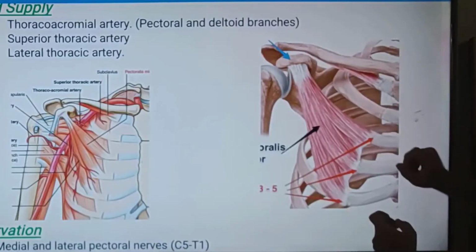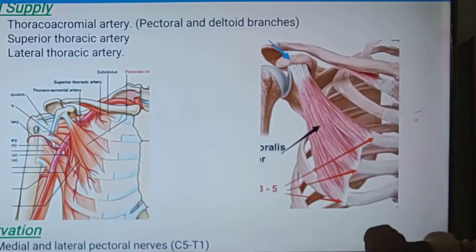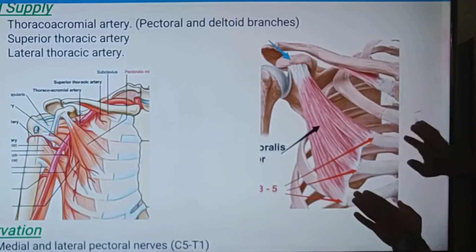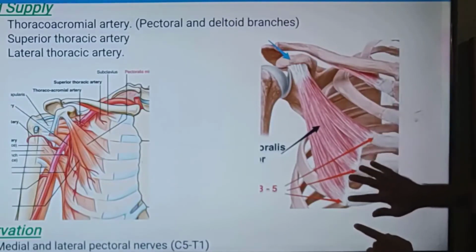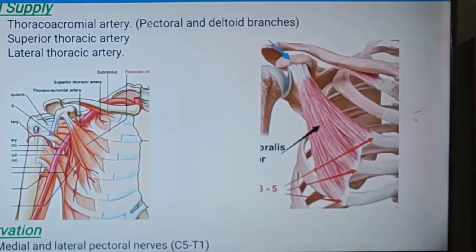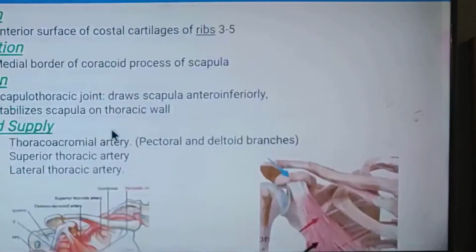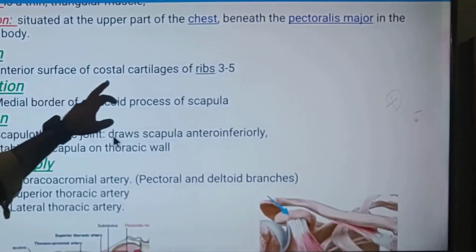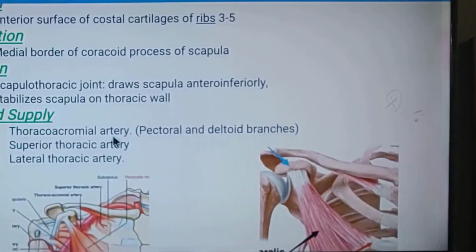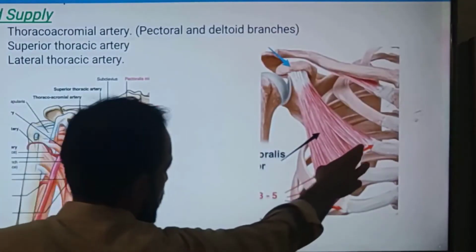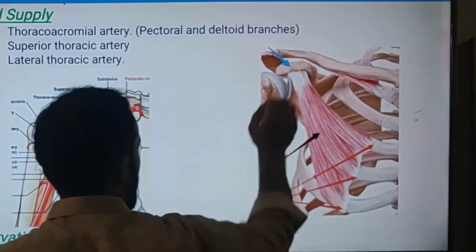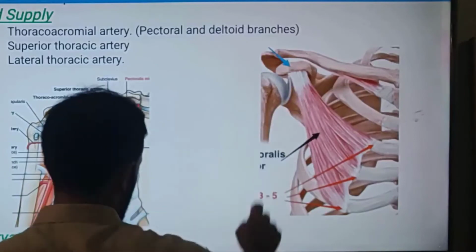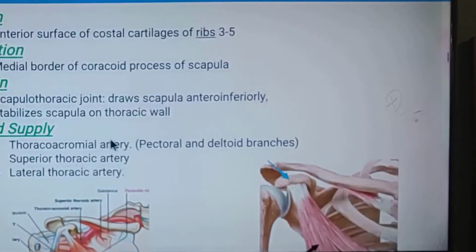This is the pectoralis minor muscle, and this is its origin from the costal bones, anterior surface of costal cartilages of ribs 3, 4 and 5. So here you can see 3, 4 and 5. So this is the origin of the pectoralis minor muscle, and its insertion is somewhere in the scapula.